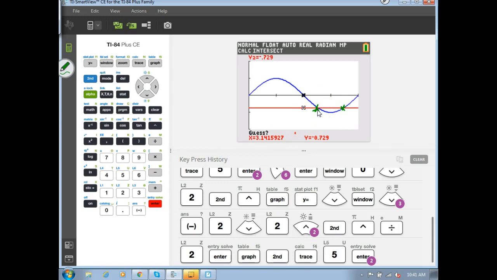So if you want to go somewhere else, you either have to scroll over, or you could type in a guess, but remember you're in radians, so your guesses are going to be like pi, pi over 2, and 3 pi over 2, so keep that in mind. I just scroll. So that first intersection point is 3.958, write that down, because I'm going to forget that.